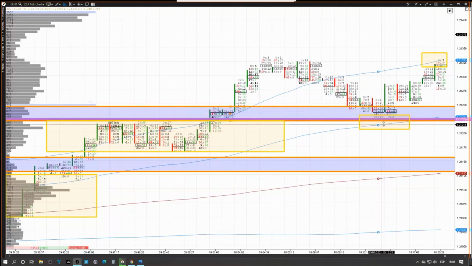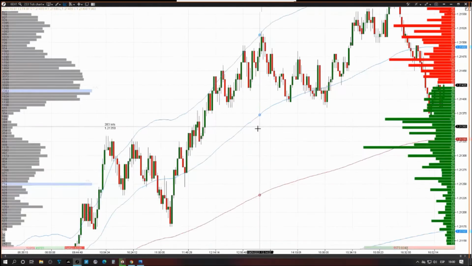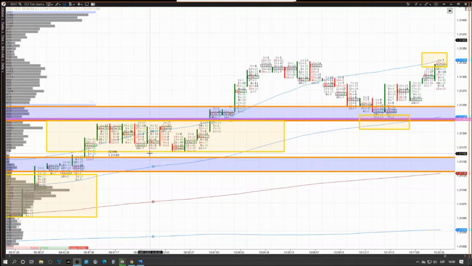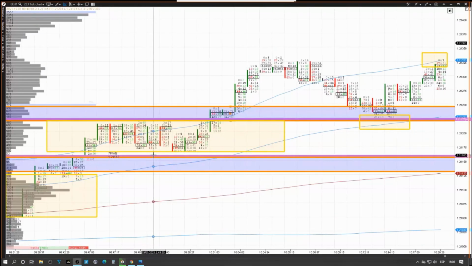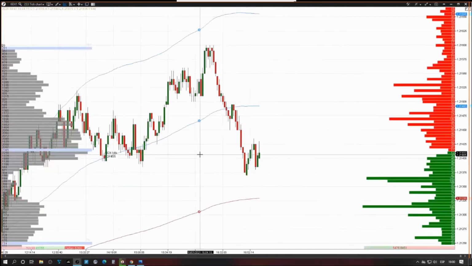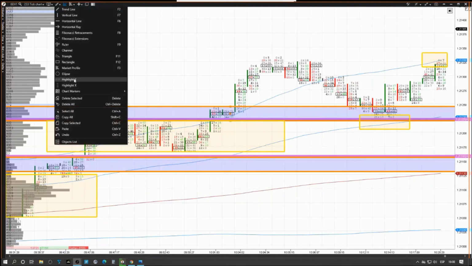I will put my entry here. You can see it's very close to the deviation. The rotation is below, so it's protecting my entry. I will put my stop loss just about this area, maybe around here, okay? And my take profit will go around, you can see here, another rotation, okay? You can highlight it.